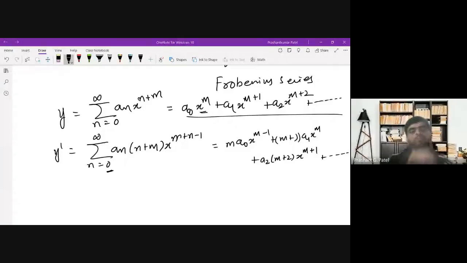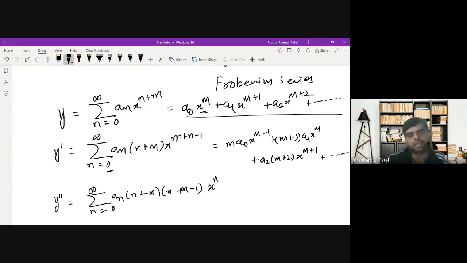If you do the second derivative, again the series starts with n equal to 0 to infinity, a_n (n plus m)(n plus m minus 1) x to the power n plus m minus 2.